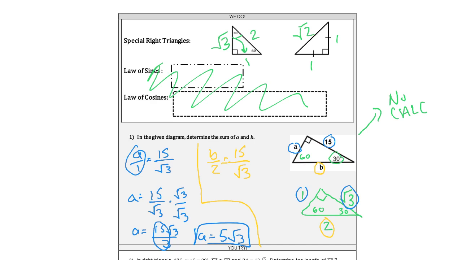So B times radical 3 when I cross multiply equals 30. So B equals 30 divided by radical 3. Can't have the radical on the bottom, so I'm going to multiply top and bottom by radical 3. So B equals 30 radical 3 over 3. 30 divided by 3 is 10 radical 3.